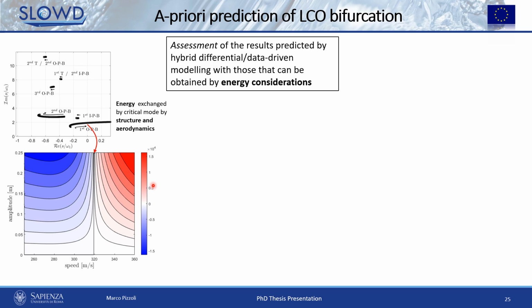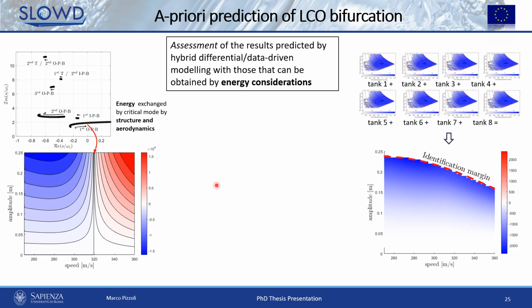And similarly, an energy map associated with vertical sloshing only can be identified by just summing the contribution of each of the tanks derived by considering the experimentally characterized energy map. And so the final map for vertical sloshing is this one, that is all in blue, since this phenomenon is just capable to subtract energy from the structure, so to induce dissipation.